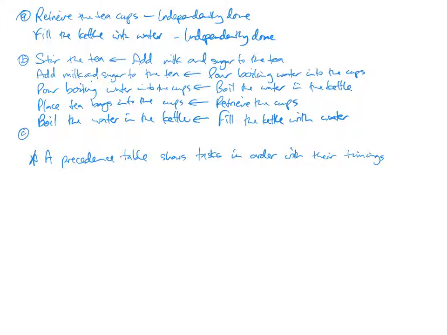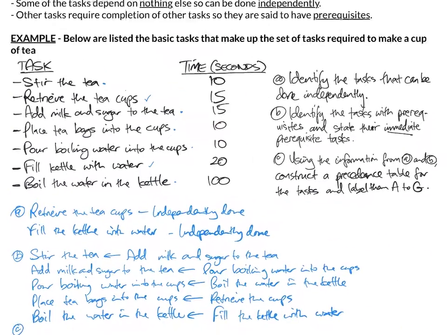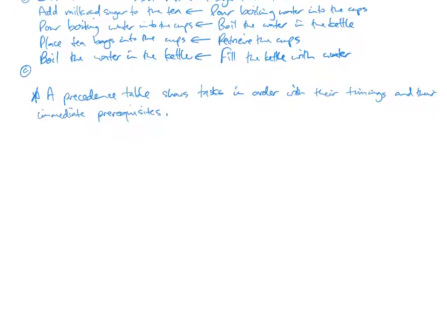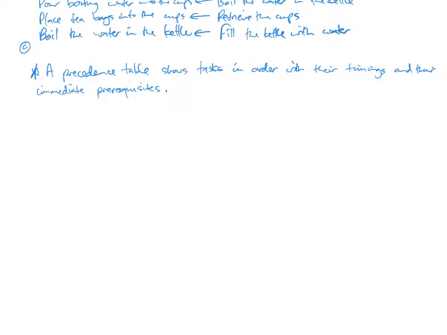So that table from above is almost a precedence table. And their immediate prerequisites. So really, a precedence table looks like what we have above, but what's missing from there is a column for immediate prerequisites. So we need to rewrite that again.